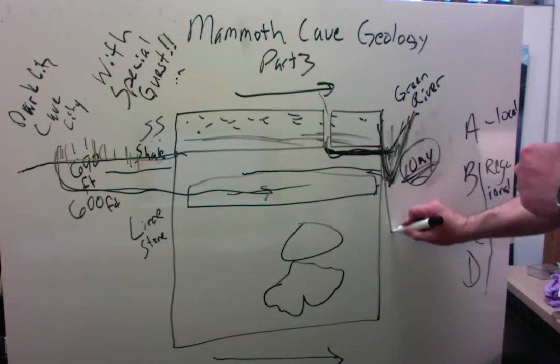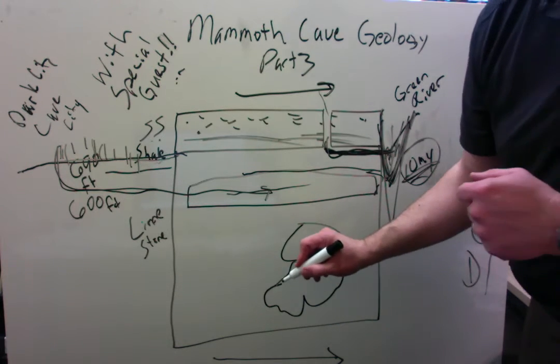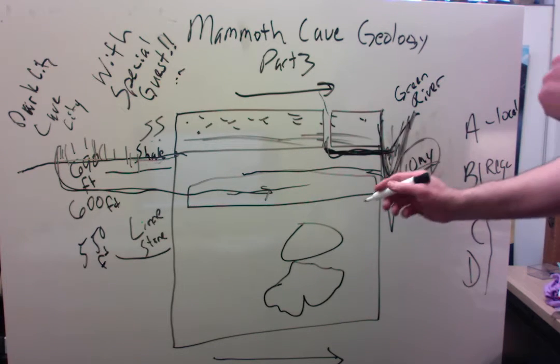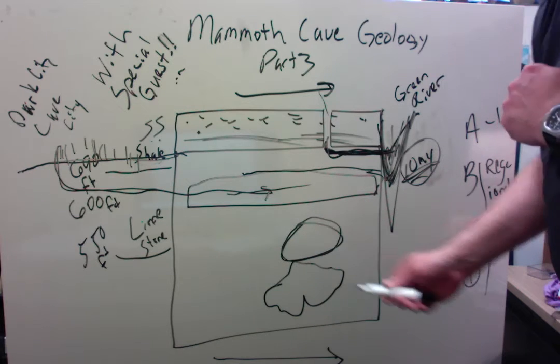And then suddenly the Green River drops down and we start forming level C at 550 feet. So all of the level C passages are about 550 feet. That included Fossil Avenue in New Discovery.